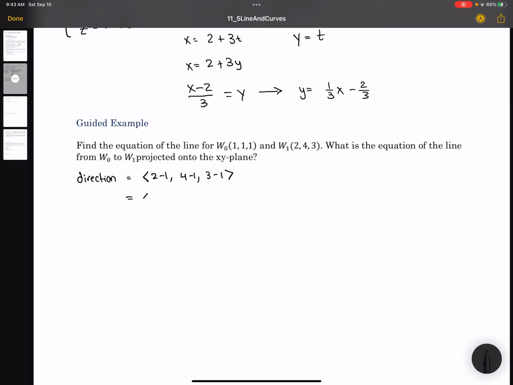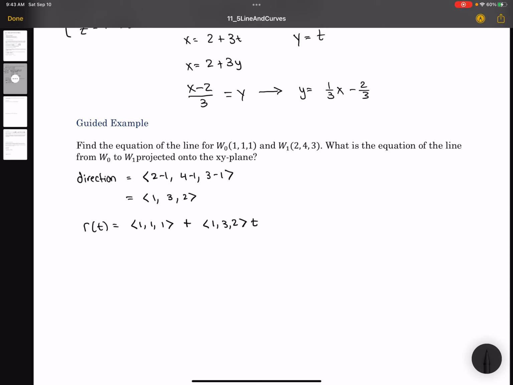So that's going to be 1, 3, 2 as a direction vector. And since we are going from W0 to W1, that means that our equation needs to have W1 as the first point. So that's going to be 1, 1, 1 plus our direction vector, 1, 3, 2, times t.